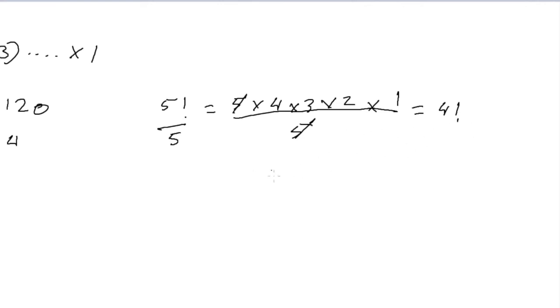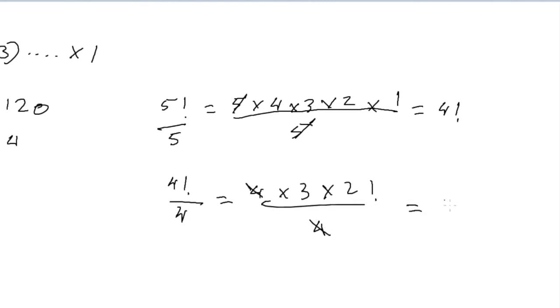So let's move on to 4 factorial and divide that by 4. That is just 4 times 3 times 2 times 1 divided by 4. And now you see that it's just 3 factorial, 3 times 2 times 1.